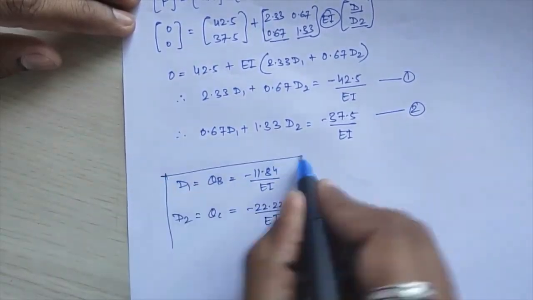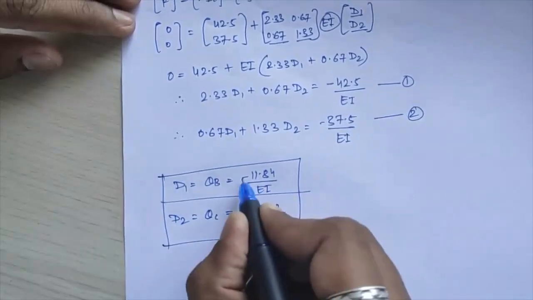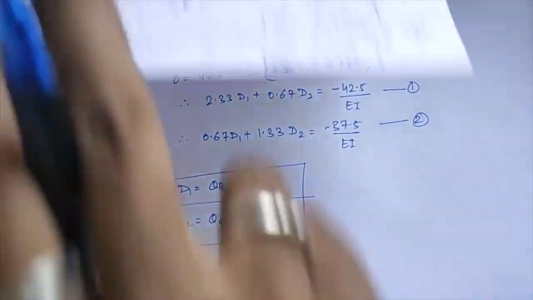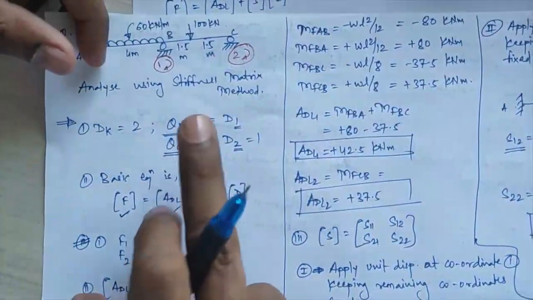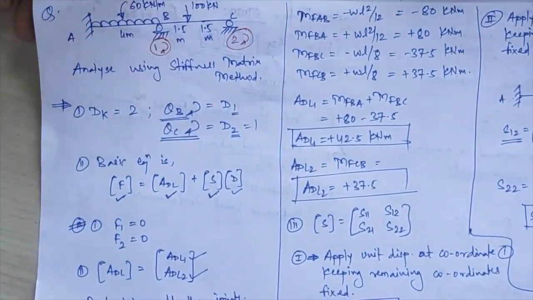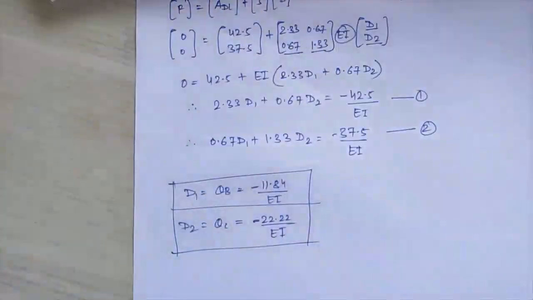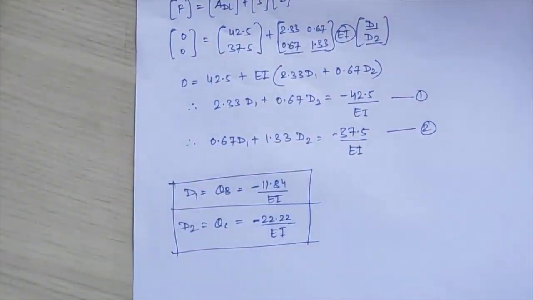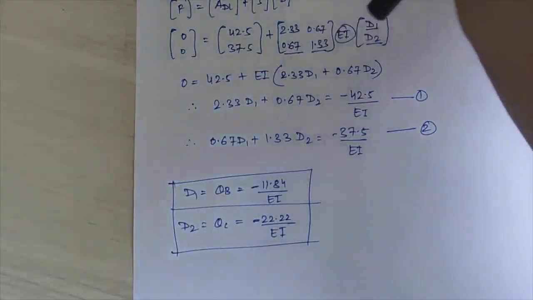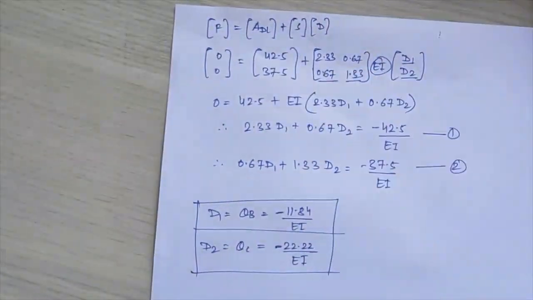Now what is this minus indicating? Initially we assumed theta B and theta C in clockwise rotation directions. You are getting final answers as negative, that means these will be acting in anti-clockwise directions. So these are our basic unknown values D1 and D2. That was our basic aim.